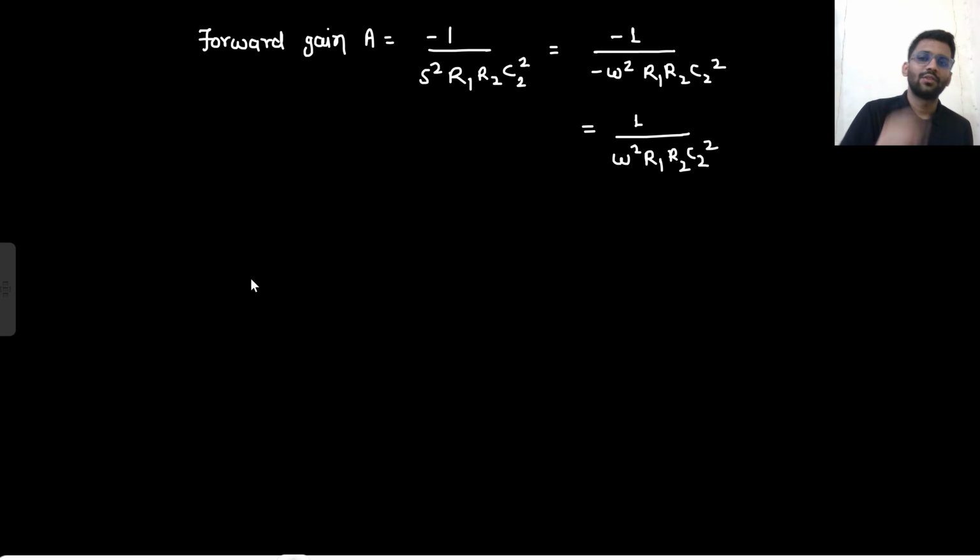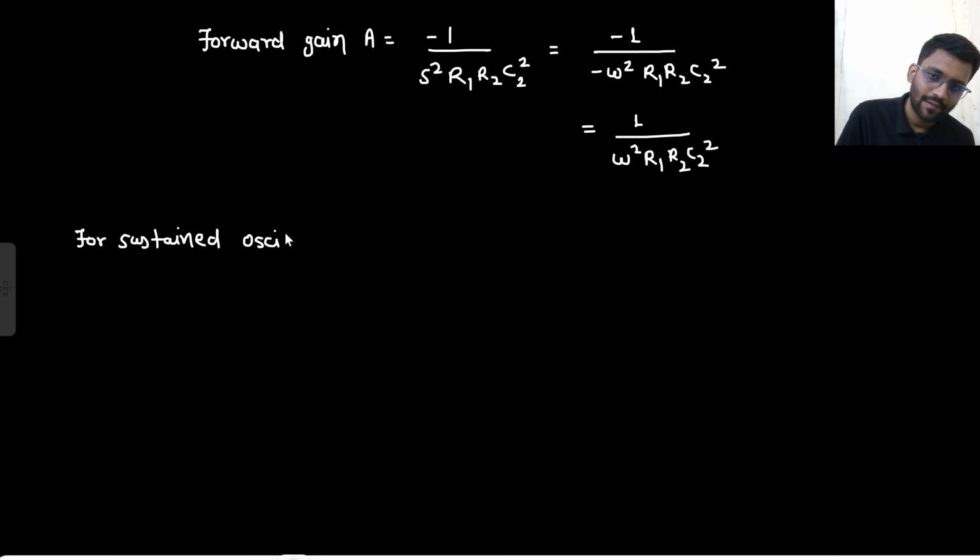Well and good. So for sustained oscillations, what is the condition? Which condition is already fulfilled? That is, angle of A is 0 degree. But what is the other condition? That mod of A beta should be equal to 1. So beta is already 1. So what is mod of A?